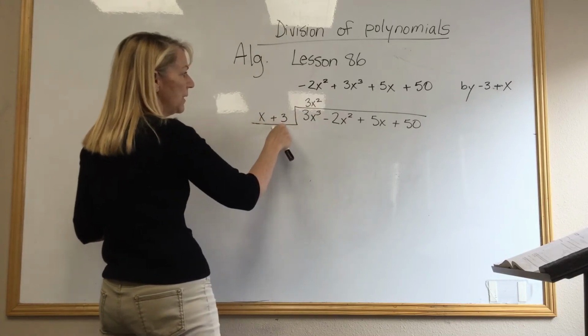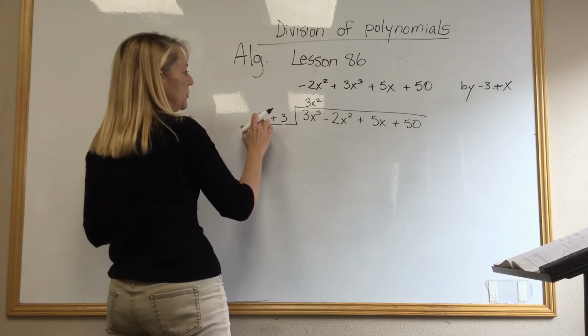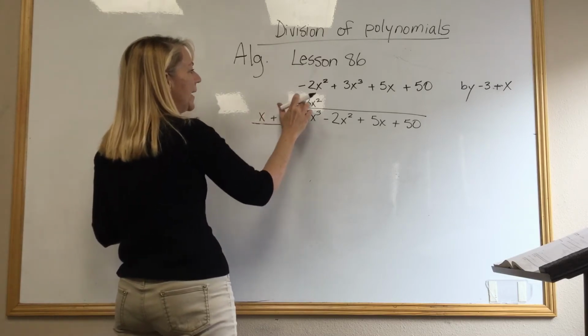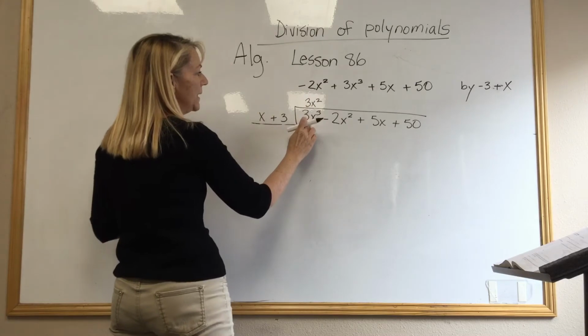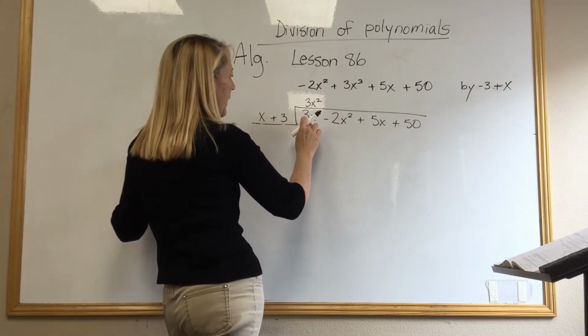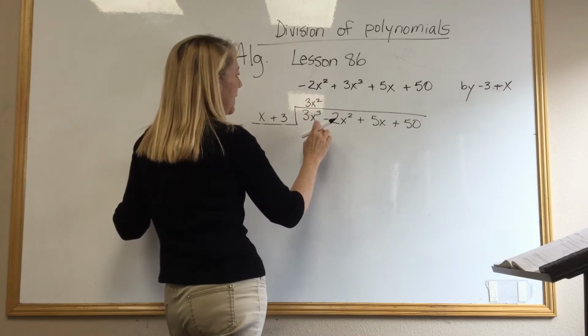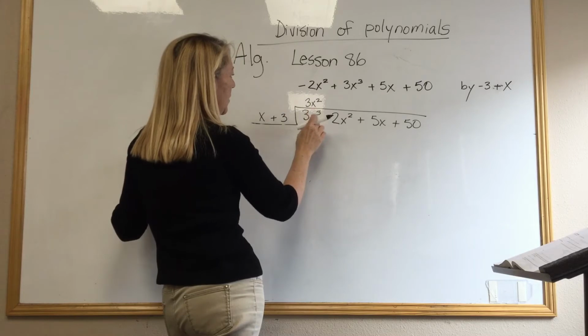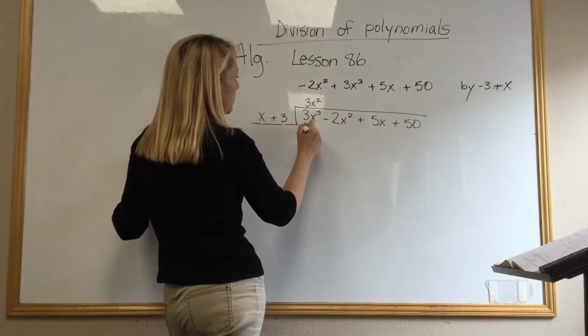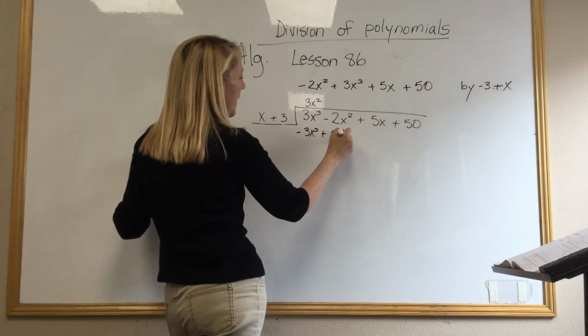So I'm saying 3x to the third divided by x equals 3x squared. Now I have to do the 3 also. So I'm multiplying. If I said x times 3x squared, I would get 3x to the third. Now I'm multiplying 3 times 3x squared, and I get minus 3x to the third, and then plus 9x squared.